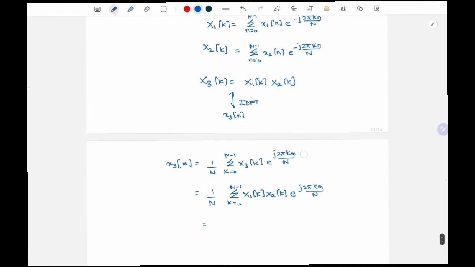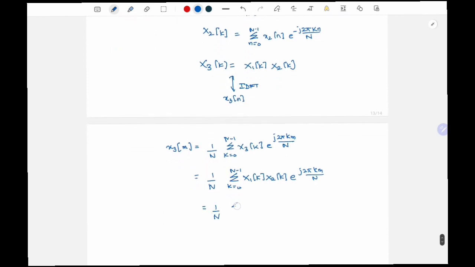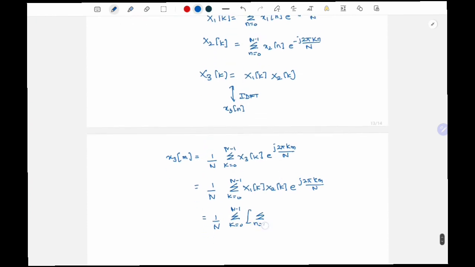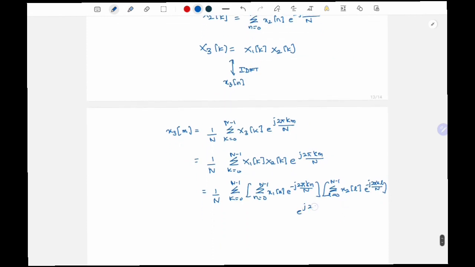So I'll have 1 by N summation k equal to 0 to N minus 1. My X1 of k is the summation n equal to 0 to N minus 1 of x1 of n e power minus j 2 pi k n by N, into, taking another variable l equal to 0 to N minus 1, x2 of l e power minus j 2 pi k l by N, into e power j 2 pi k m by N.